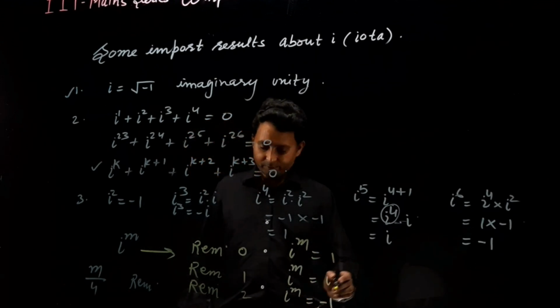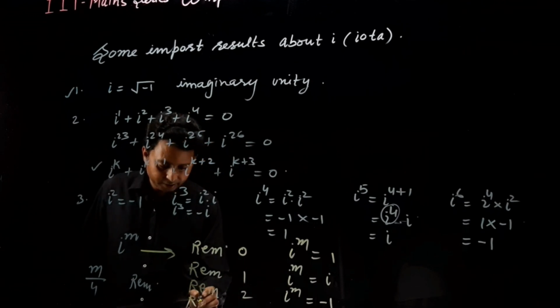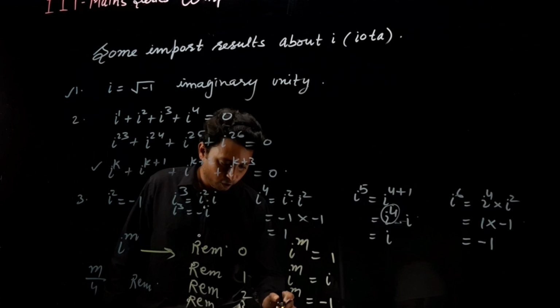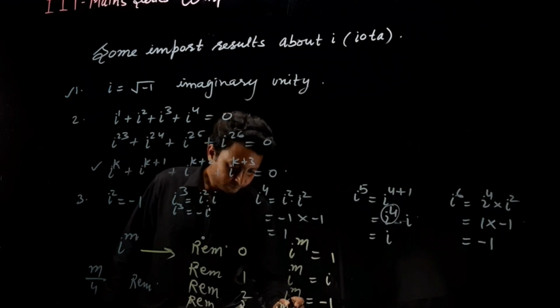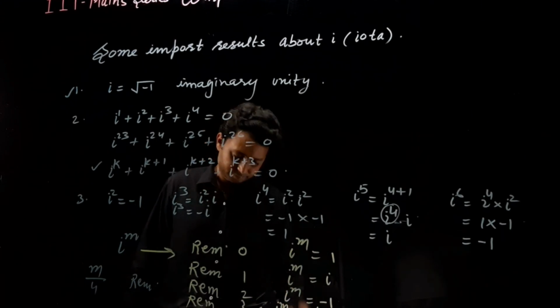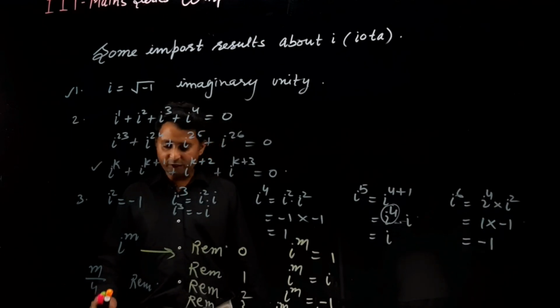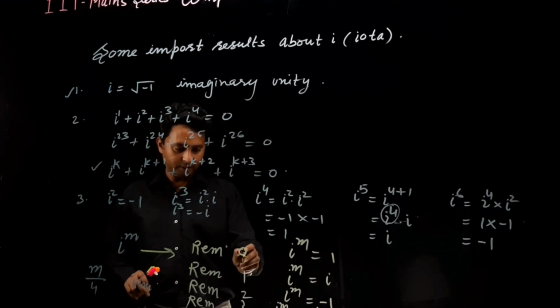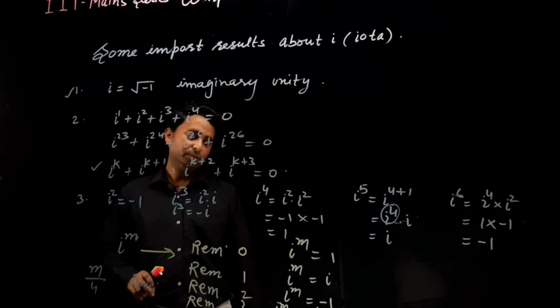And if the remainder is 3, then the value of iota to the power m will be minus iota. If we divide m by 4, only these remainders are possible.